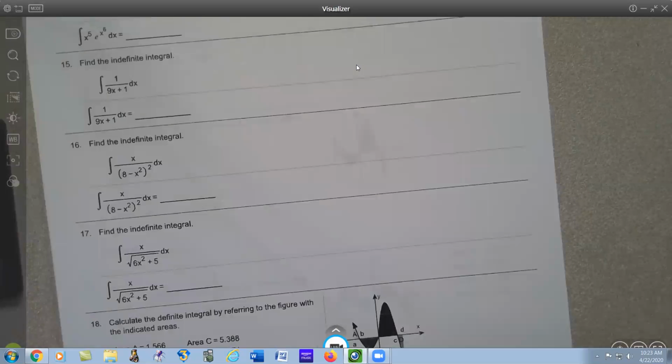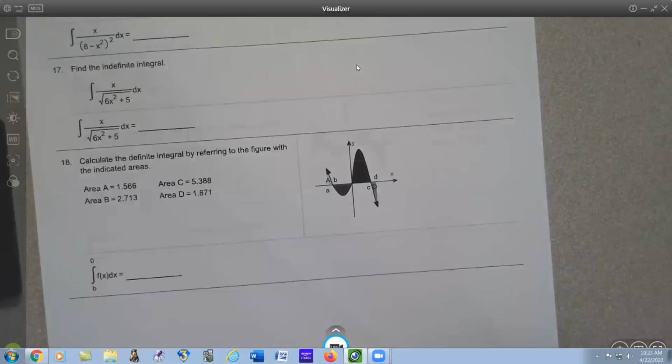No, looks good. You'll have some of these. How are these guys? I think those are the easiest.